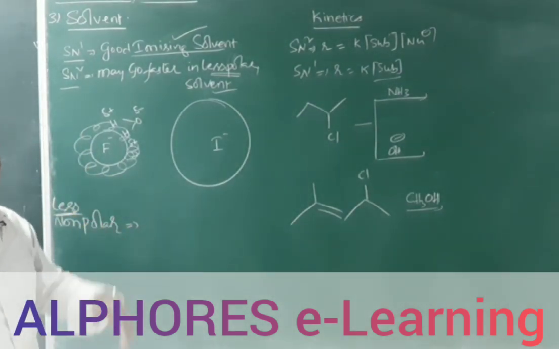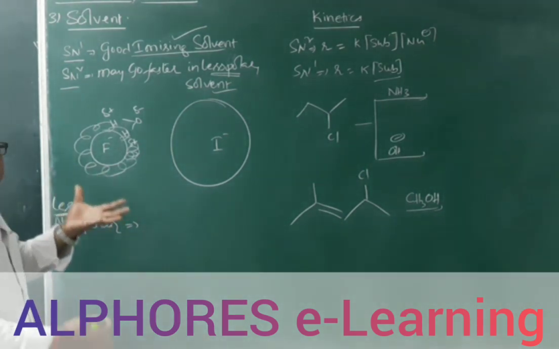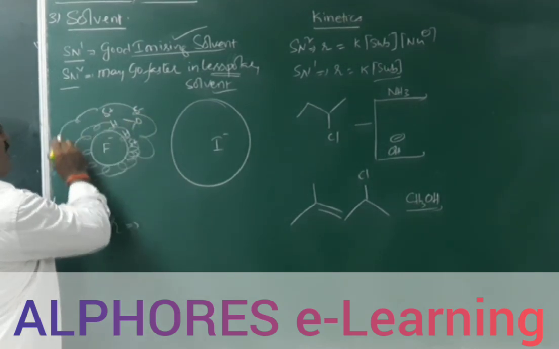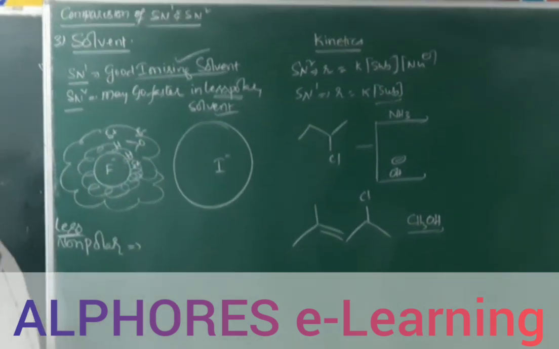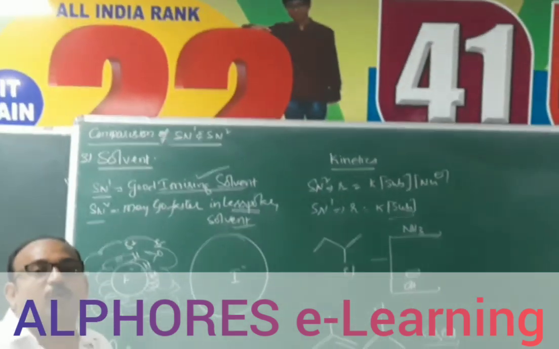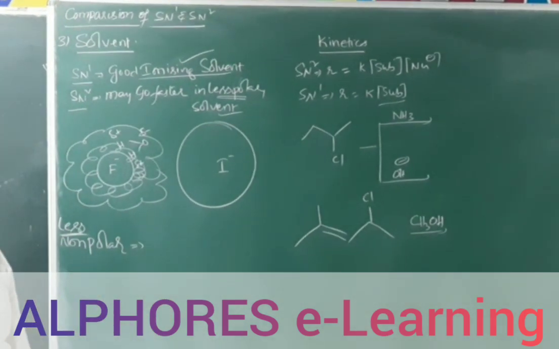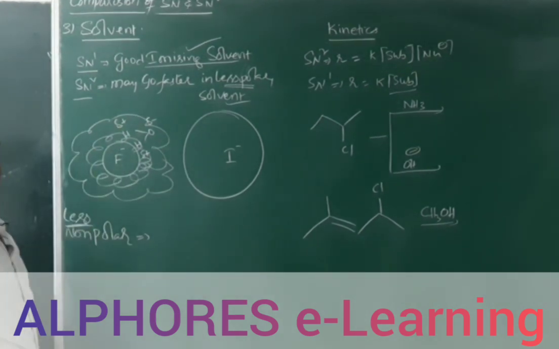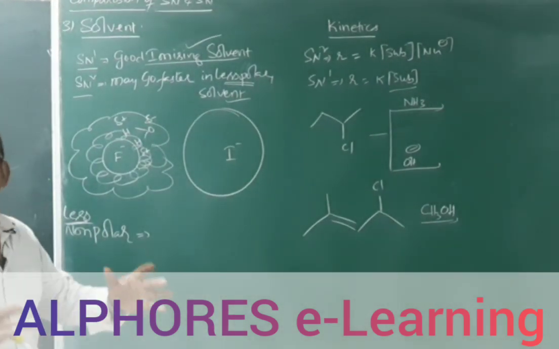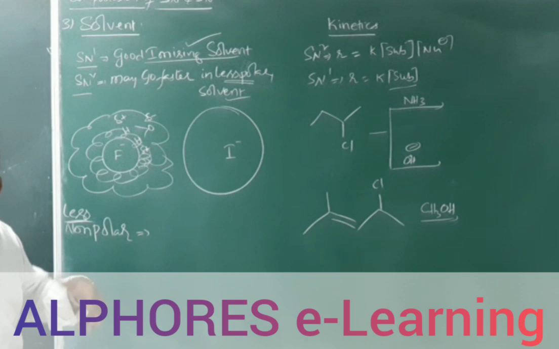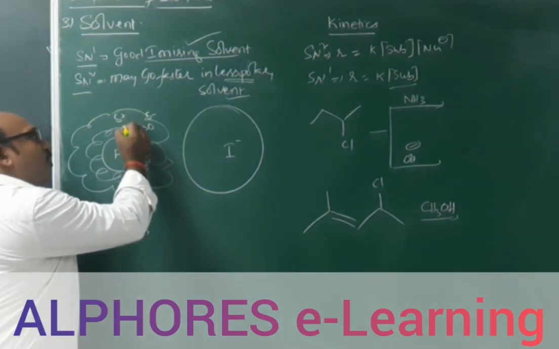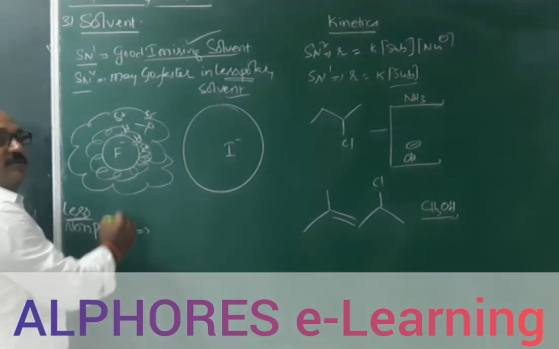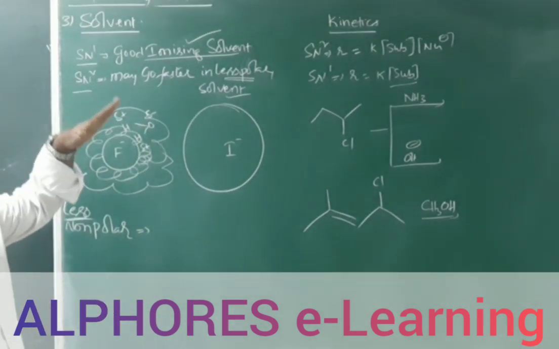Because of more charge density, it can attract more water molecules. More water molecules come and surround F minus, giving more solvation. They surround it with their positive charge face. So ultimately F minus nucleophilicity reduces.